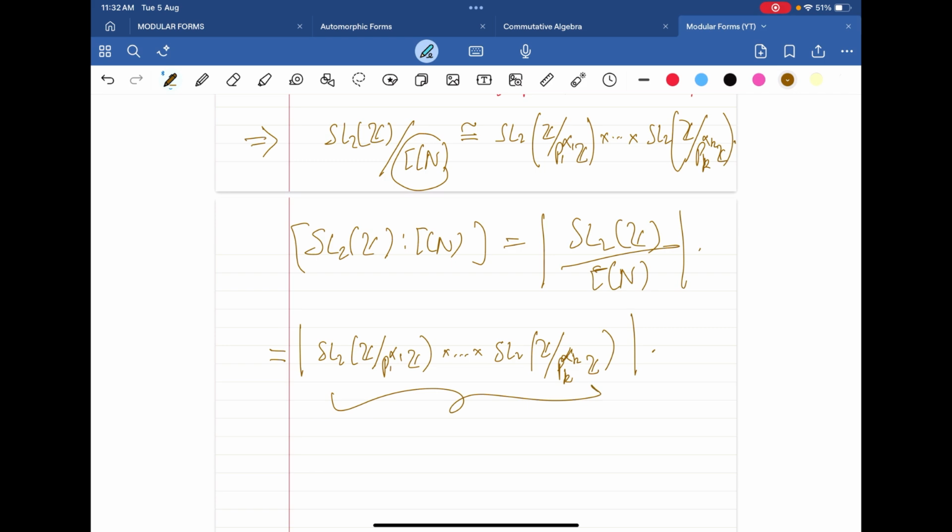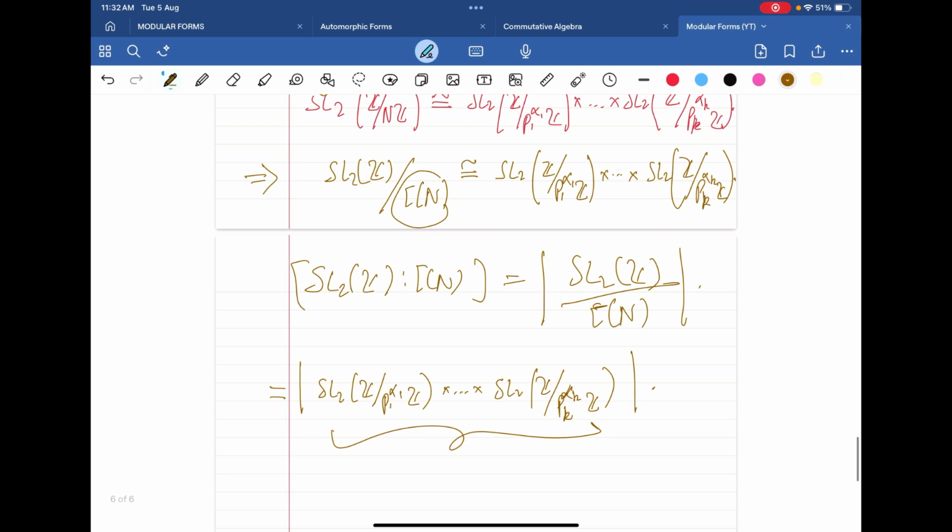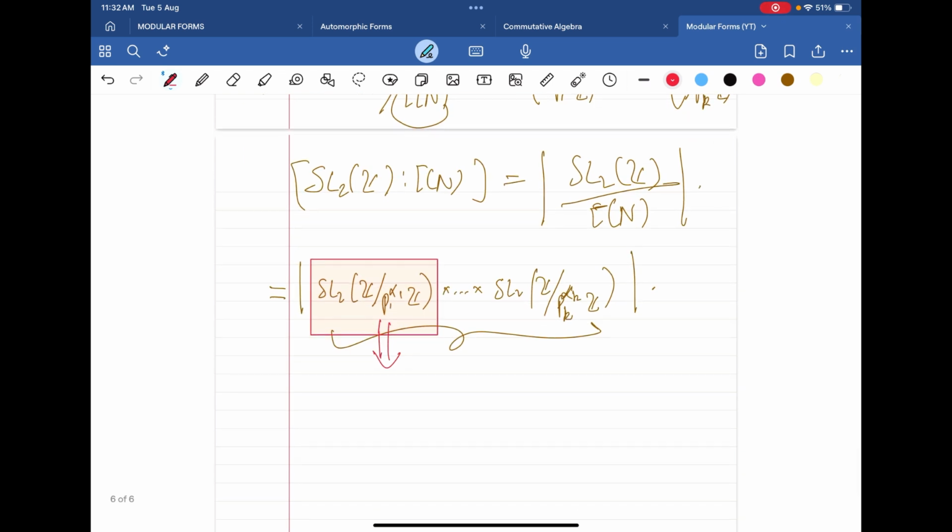We showed earlier, or rather made a note of, the result for the cardinality of such a group, and it's equal to the product over i ranging from 1 to k of p_i^(3 alpha_i - 2) times (p_i squared minus 1).